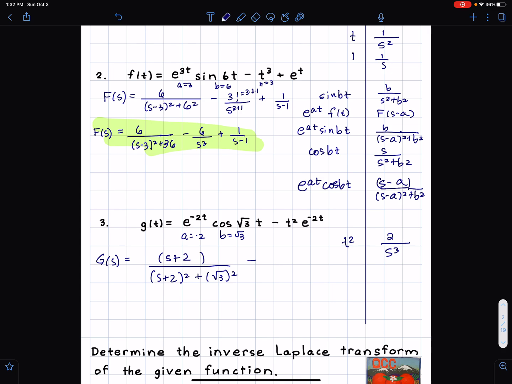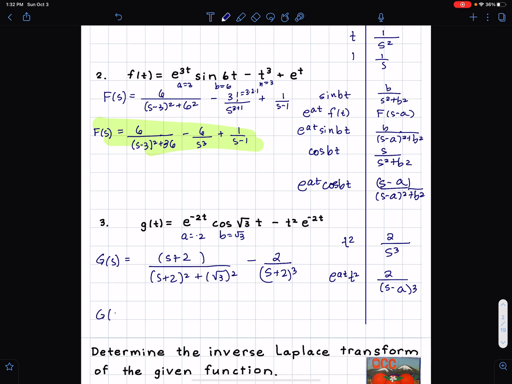We wrote that above already. But if I multiply by e to the at, then everything where I have s, I write s minus a. So this is going to be 2 over s minus negative 2, so it's s plus 2 to the third power.